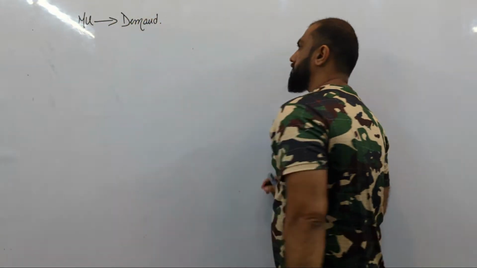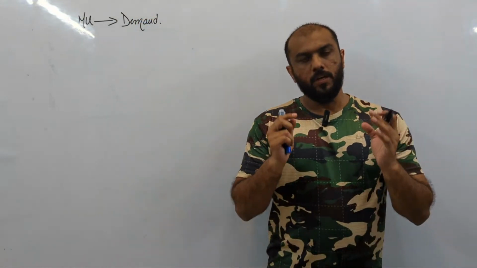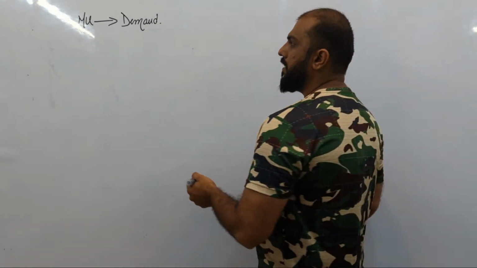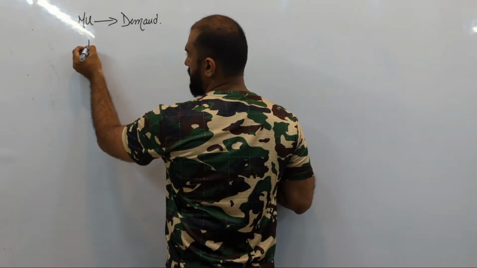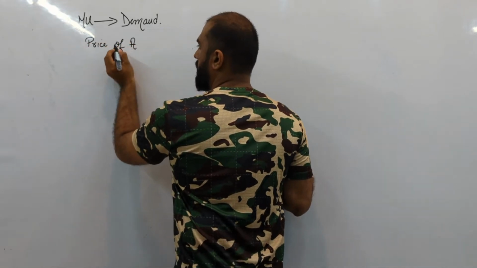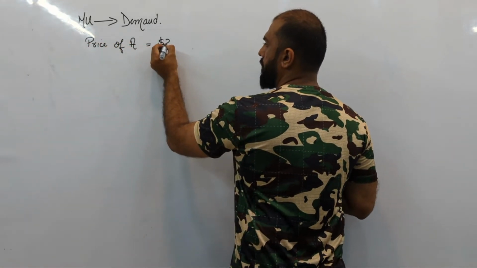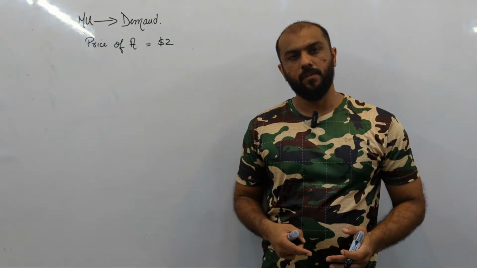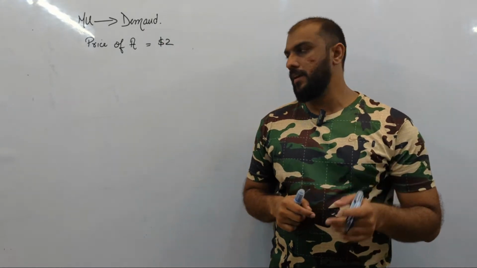Now, for this, you need to learn how to make a data, right? So we are going to assume some things. Let's say the price of A is equal to $2. Now we need to keep this value simple and an even number. You will know why even number in a bit.